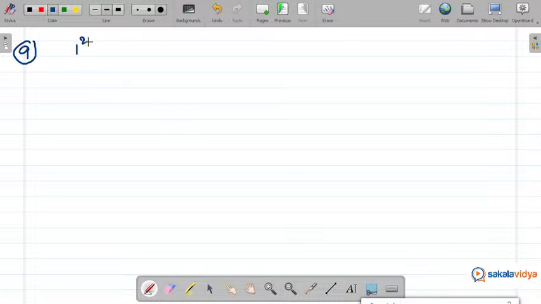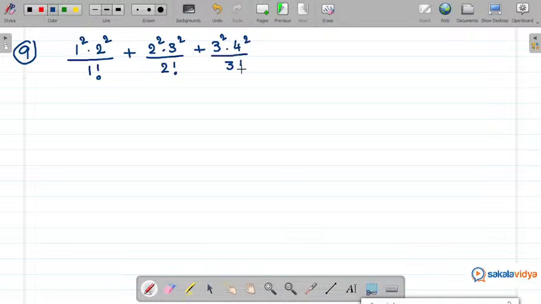So 1 square into 2 square by 1 factorial, plus 2 square into 3 square by 2 factorial, plus 3 square into 4 square by 3 factorial, plus 4 square into 5 square by 4 factorial, and so on. Right.